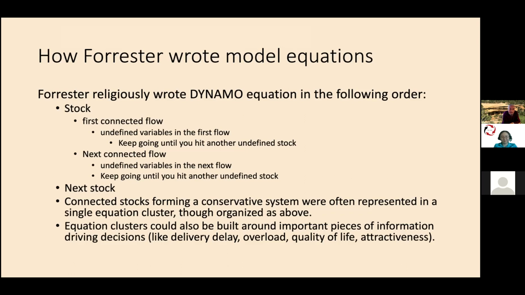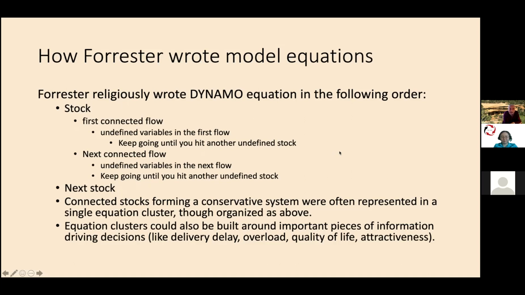And first you go to its first connected flow and define the variables in that flow. Keep going until you hit another undefined stock. And then you deal with the second flow or the third flow in that same stock and keep going until you come to another undefined stock. Then you went to the next stock. And so this would be the first sector, this would be the next sector.